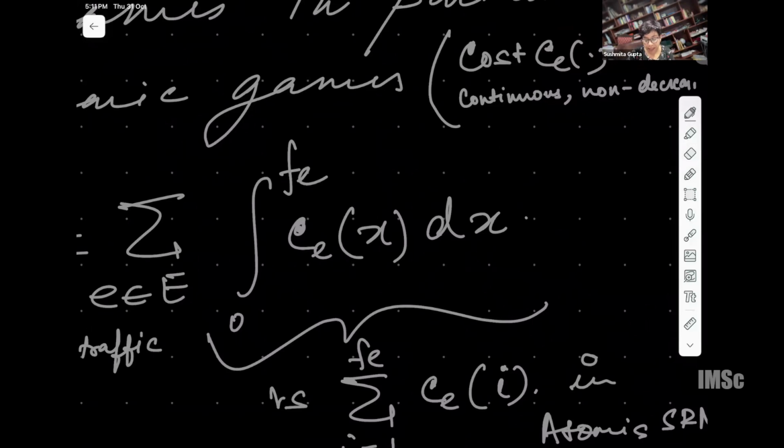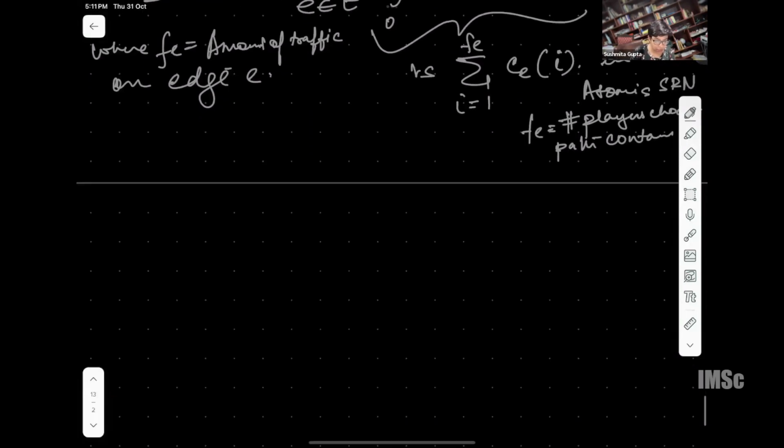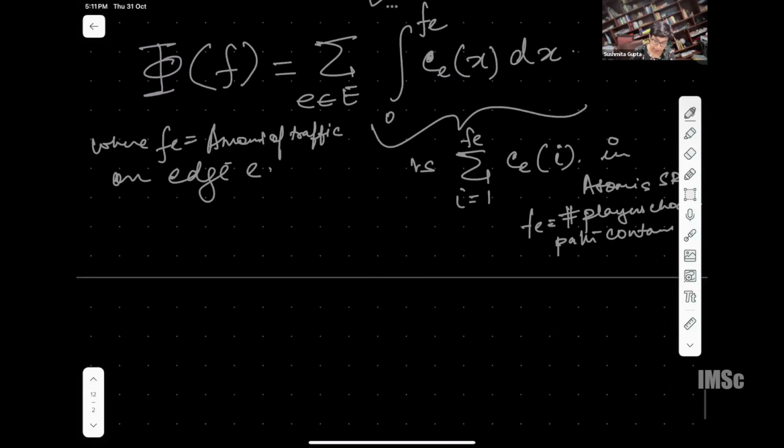There was something else, but this is essential. This being continuous and non-decreasing makes non-atomic selfish routing.